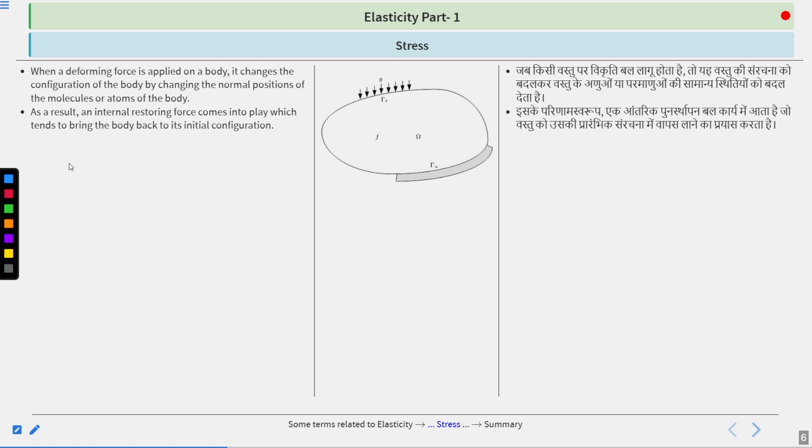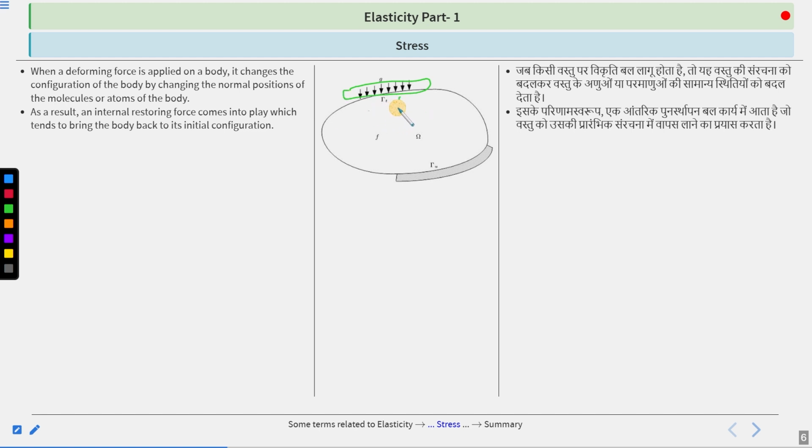As a result of changing the atomic or molecular positions, an internal restoring force comes into play which tends to bring the body back to its initial configuration. So suppose this is the body, and it has some particular position of molecules, atoms and all. Now you apply a force on it.